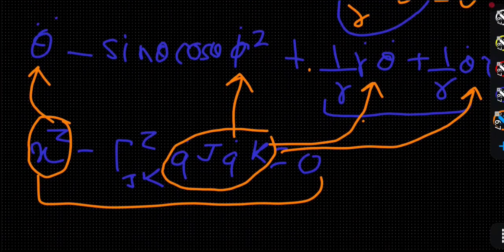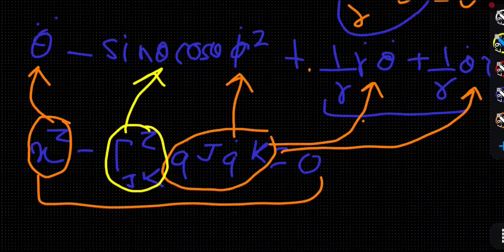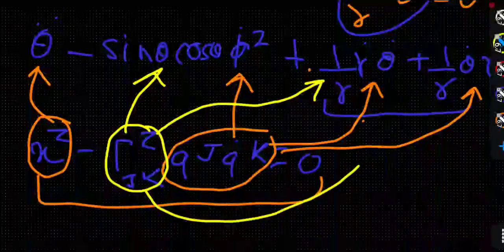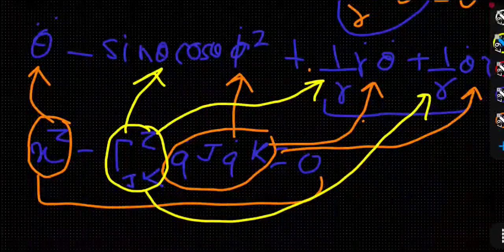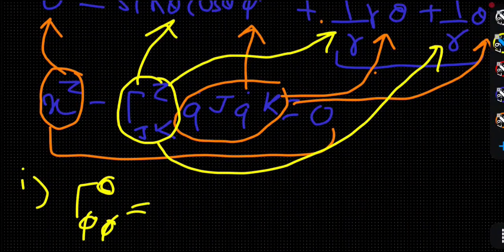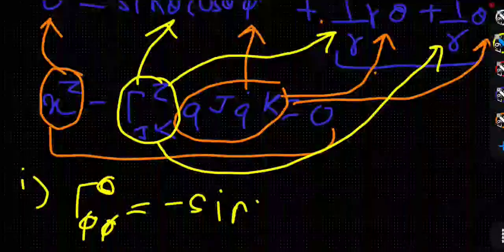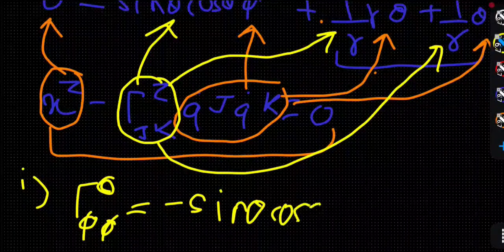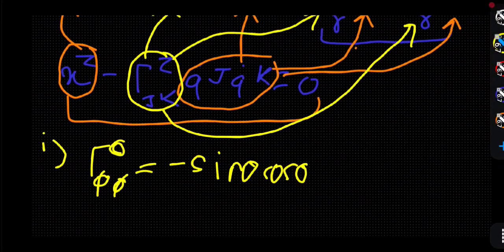So see very carefully, one Christoffel symbol is this, one Christoffel symbol is 1/r, and the other Christoffel symbol is also 1/r. So we got our Christoffel symbols. The first Christoffel symbol, Γ^θ_φφ, is equal to minus sin θ cos θ.